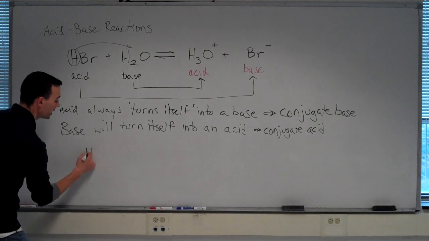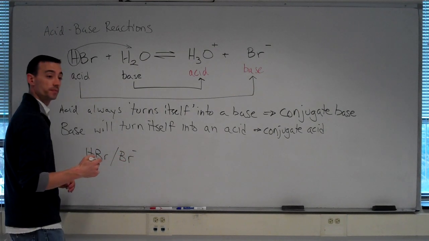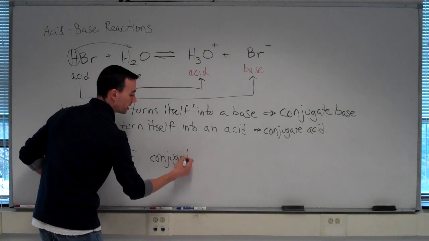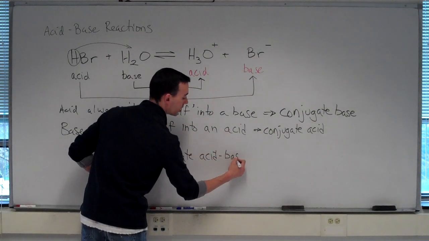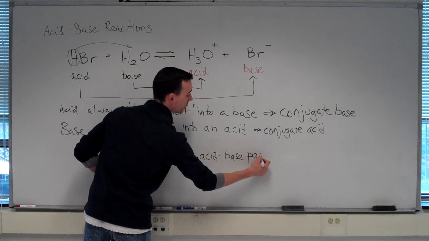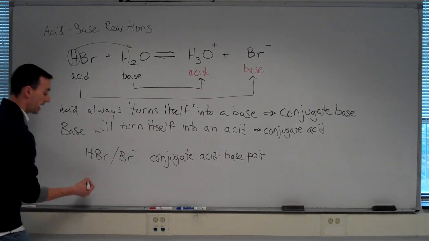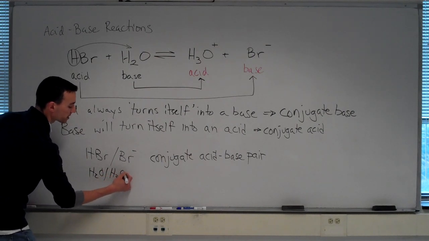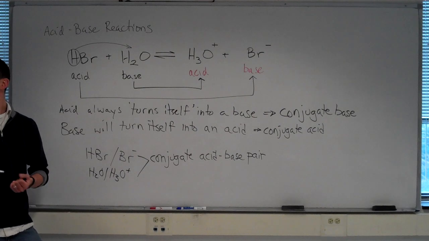So HBr/Br- is what we refer to as a conjugate acid-base pair. And actually, H2O, H3O plus is another conjugate acid-base pair.